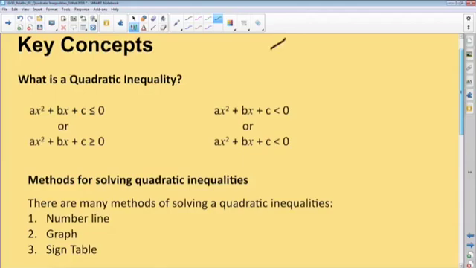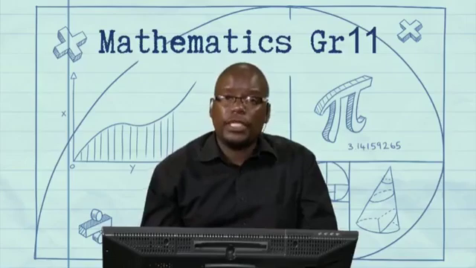It's either a less than or a greater than, or less or equal to, or greater or equal to. Now, but then this is a quadratic inequality. It's in the form of ax squared plus bx plus c. And we'll be looking at ways of working out how you solve a quadratic inequality.